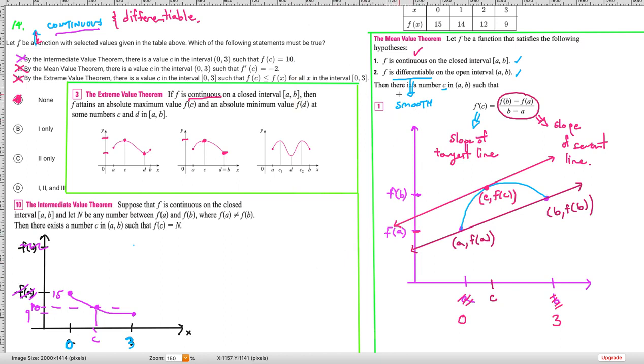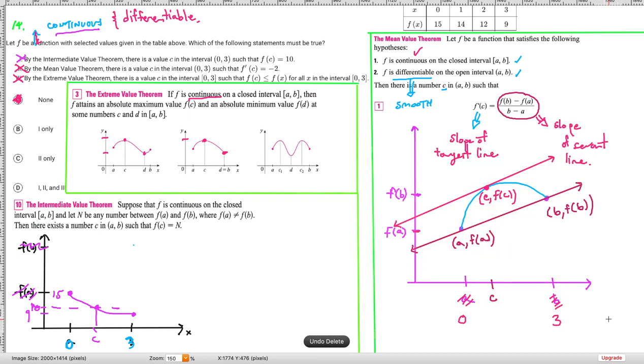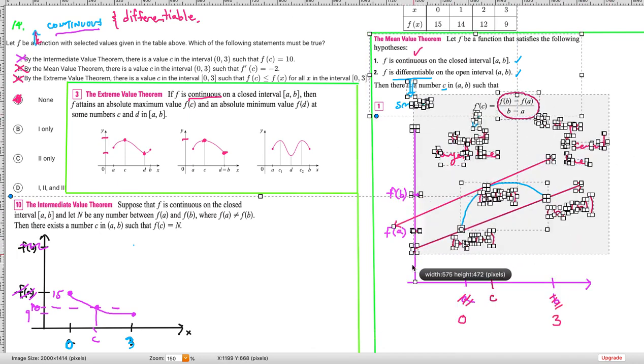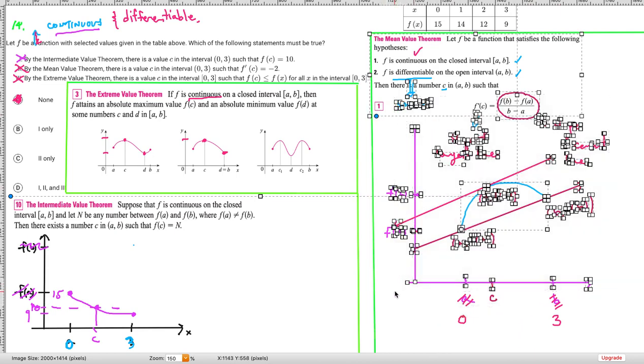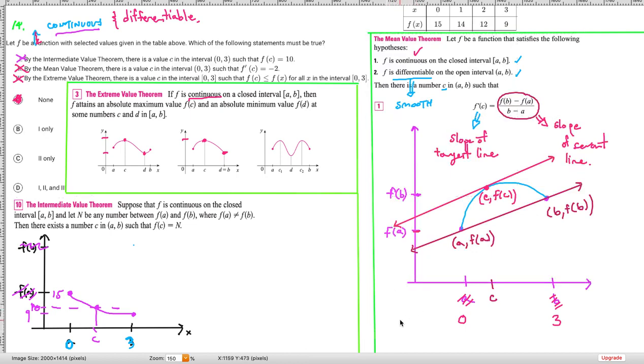So let's see if I can get rid of everything at once. Nope, that's definitely not what I wanted to do. Alright, let's see if I can do this. I think I can. Oh, not that much.